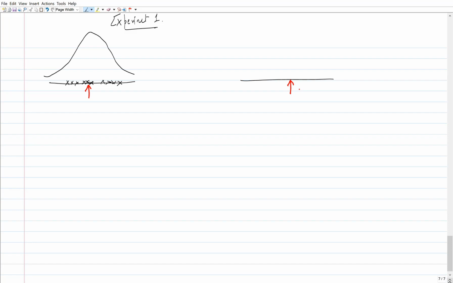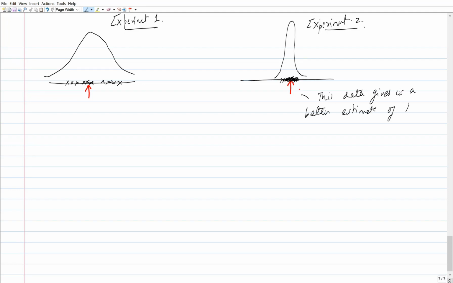In the second case, I have a really good measurement record, and all the values are clustered around a very narrow Gaussian random variable. So intuitively you can say that experiment 2 is better, because statistically speaking, this data gives us a better estimate of the parameter.